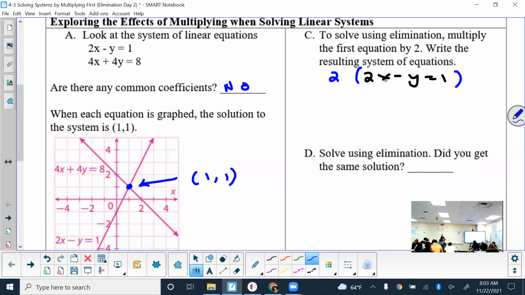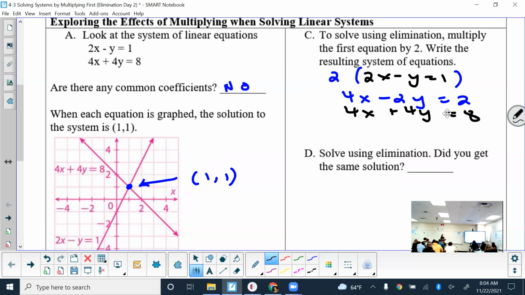So what's 2 times 2x? 4x. 2 times negative y. And then 2 times 1, 2. And then by doing that, and also look at your other equation that you had, do I now have a common coefficient?